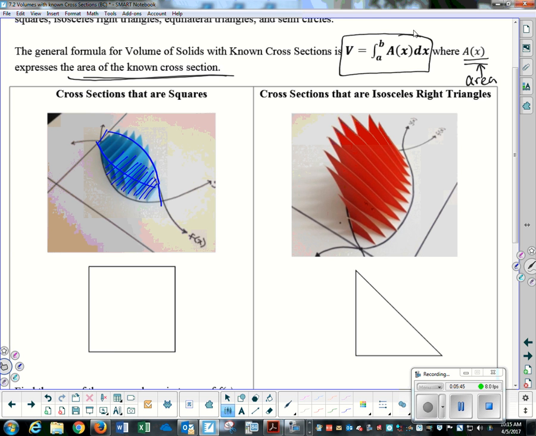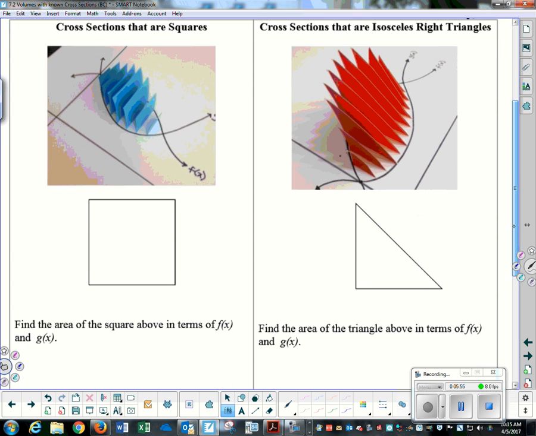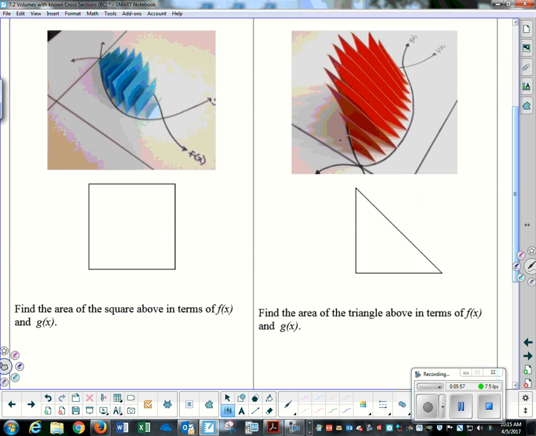So what we really want to do is pick out one of the pieces, figure out the area for one piece, and then we can integrate. We're going to find it in generic terms of the area. In front of us we have a square that would be one of these squares placed perpendicular to the surface that we are filling.